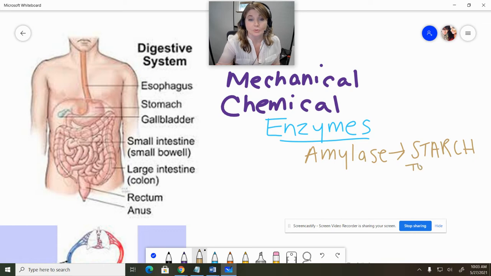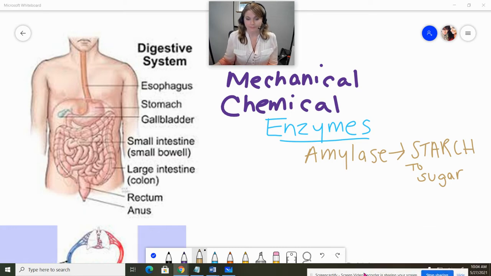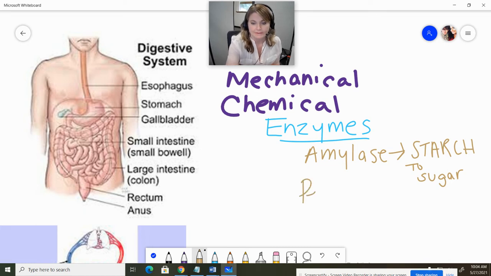It takes starch, which is a complex carbohydrate, and breaks it down into simpler sugars, so that it's easier for your body to absorb those simple sugars. Another type of enzyme that we have is an enzyme called peptase. Peptase will break down proteins into amino acids.